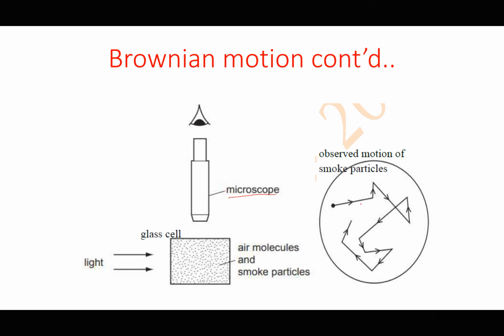It is moving initially in this direction, it collides with a molecule somewhere there, it changes direction, it collides with another molecule, it changes direction, and so on and so forth. So the zigzag motion is a result of colliding with air molecules which are moving randomly in any direction.